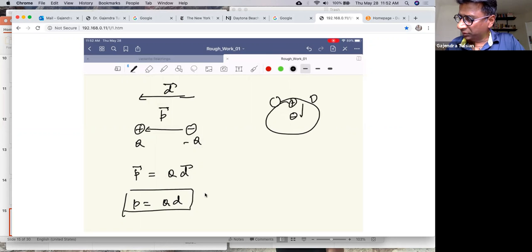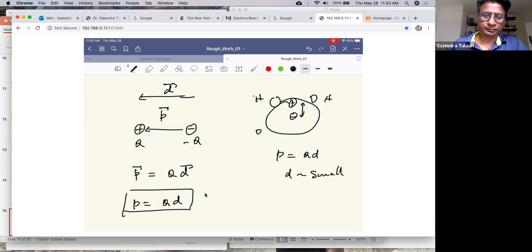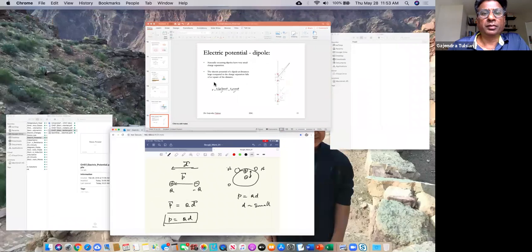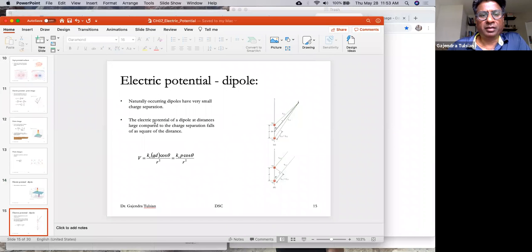This is the oxygen atom, and there's the hydrogen atom. This separation is very small. D in the dipole moment, Q times D, is small for naturally occurring molecules. The electric potential of a dipole at distances large compared to the separation falls off as the square of the distance.